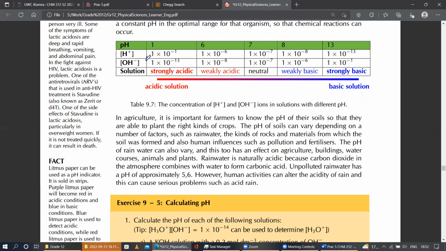If you look at it, the concentration of the proton decreases when a solution is becoming more basic, and the concentration of OH decreases when the solution is becoming more acidic. I just hope that you keep that in mind.